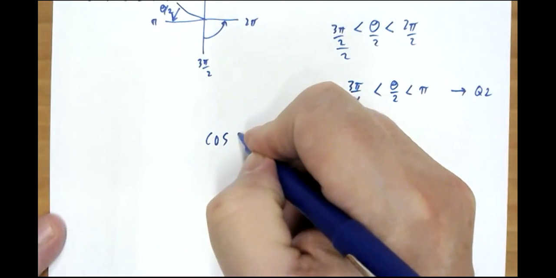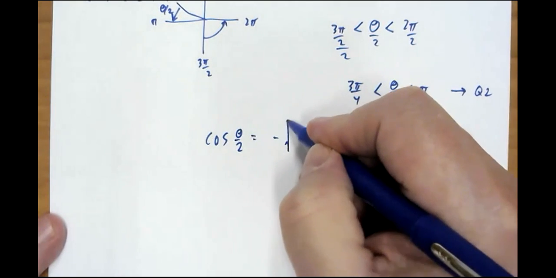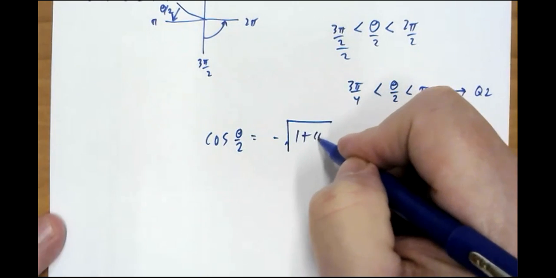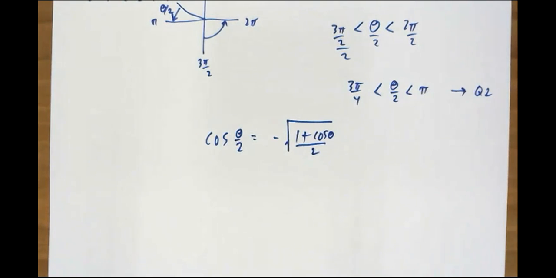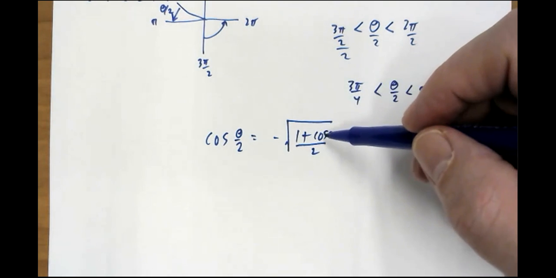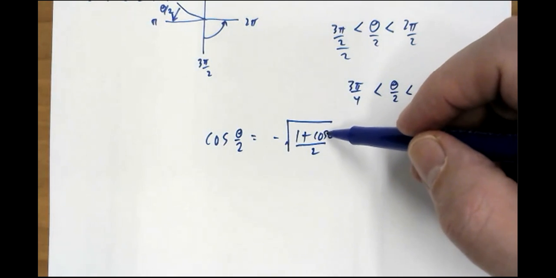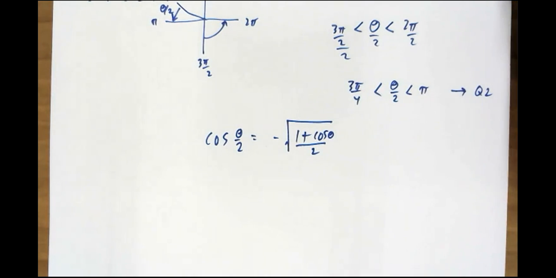So that means my formula is going to be negative square root of 1 plus cosine of theta over 2. So now, to complete this problem, I need to figure out what the cosine of theta is equal to and plug it in and go from there.